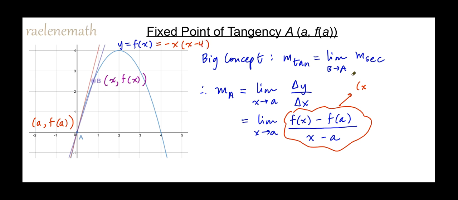So I want to call it g. And so the g function depends on x and a. Well, a is a constant again because we have a fixed point, capital A. But anyway, if we were to substitute x as a, then we are going to get f of a minus f of a, which is 0, over a minus a, which is 0.